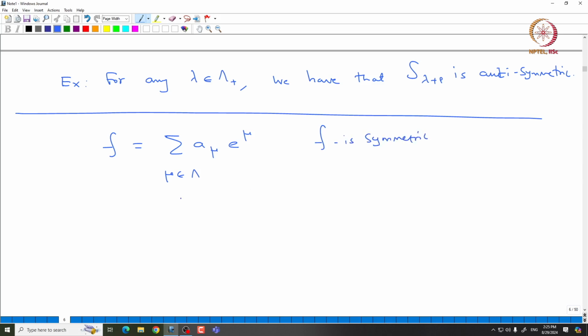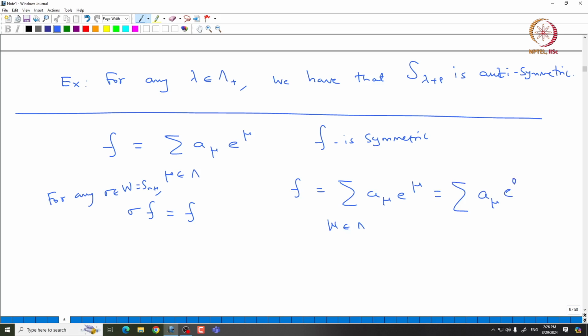Then it means when you apply any sigma in W, which is Sn plus 1, sigma f should be equal to f. That means f is equal to the summation of a mu e power mu, which is the same as the summation of a mu e power sigma mu, where mu again comes from lambda.